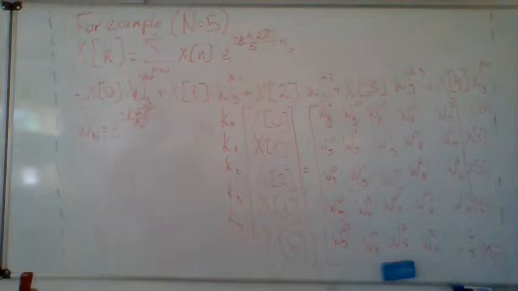For each k, we rewrite it as different powers. For k equal 0, X[0] is equal to the vector W_N^0, W_N^0, W_N^0, W_N^0 multiplied by x[0]. In the same way, we can obtain the other vectors.